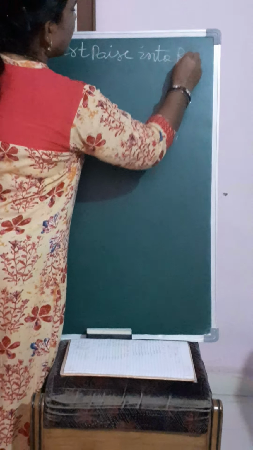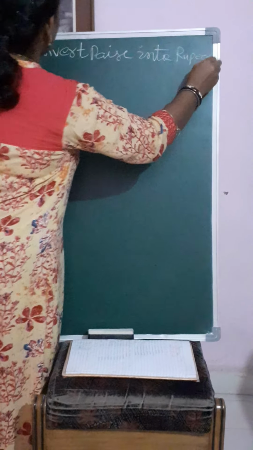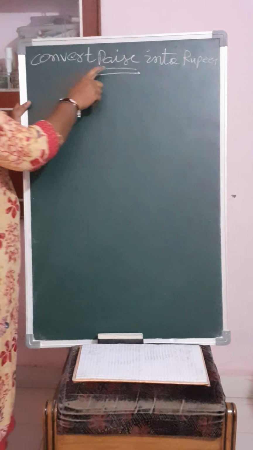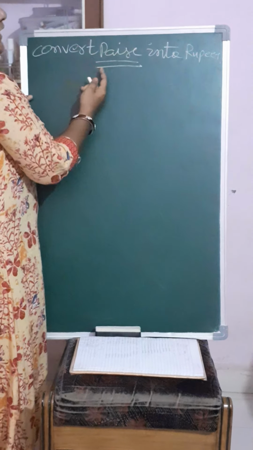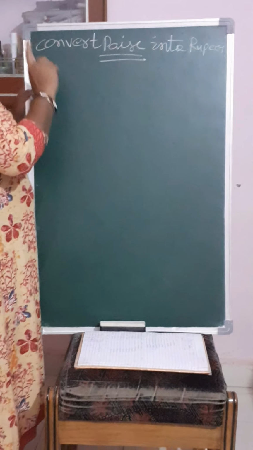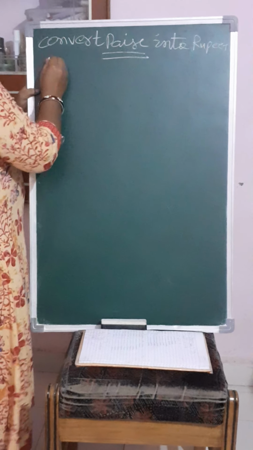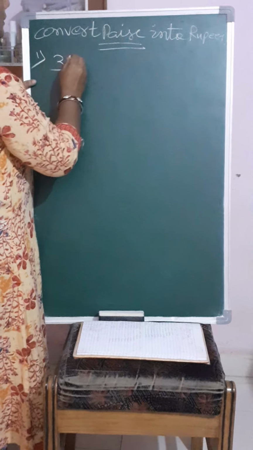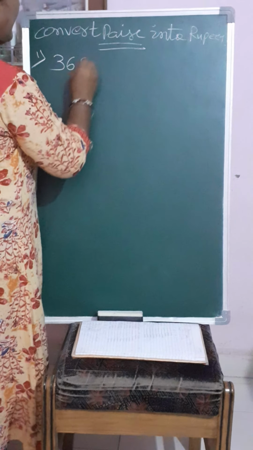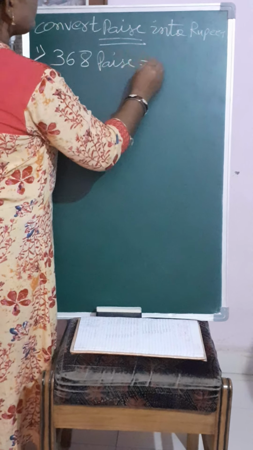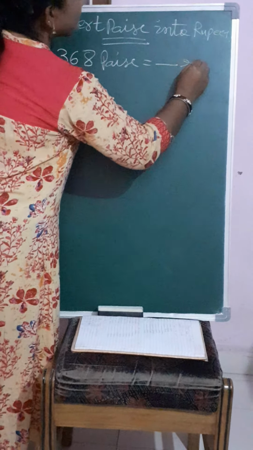In this type of question that will come, you can do it. Now children, we will learn to convert paisa into rupees. Okay. Whenever we are converting paisa into rupees, we should divide the number of paisa by 100, because 100 paisa equal to 1 rupee. Okay, I will give an example. 368 paisa equal to dash rupees.